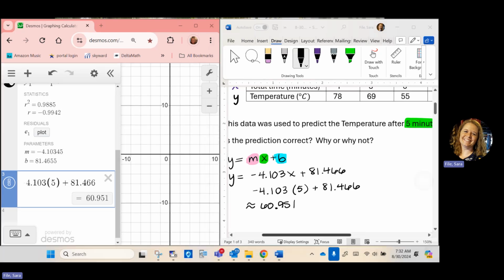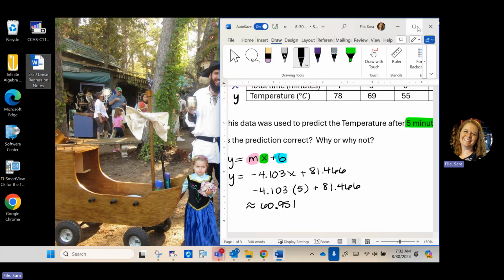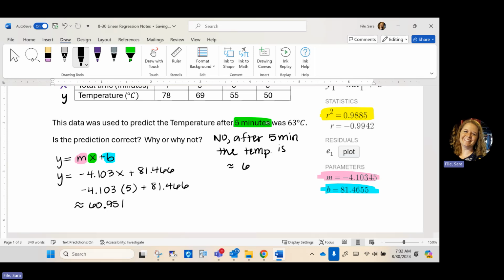And I'm going to say no. Well, I'm going to open that back up first, and then I'm going to say no, because after 5 minutes, the temperature is approximately 61 degrees. Because all of those values are rounded to the integer, I'm going to round 60.951 to 61 degrees Celsius.